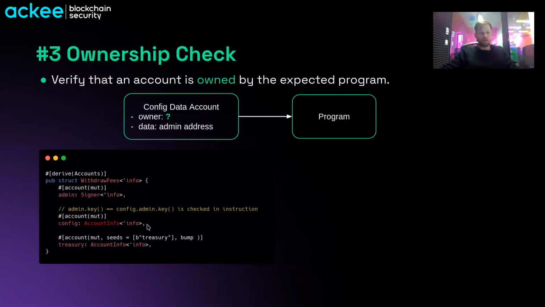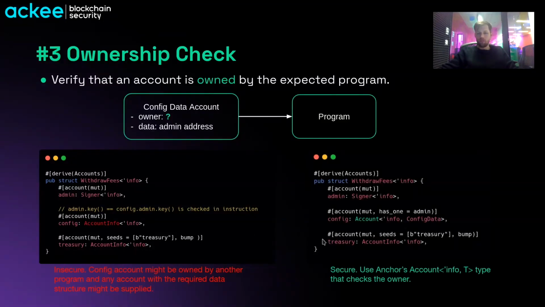So when it is passed in your program, he will be able to access the config.admin.key property or function, and the check that the admin and the configuration saved in your account are the same will pass, and therefore it will allow him, for example, to withdraw the fees from the treasury.